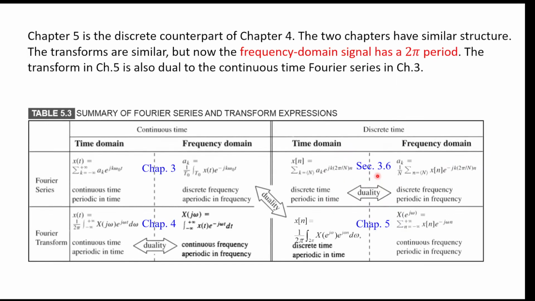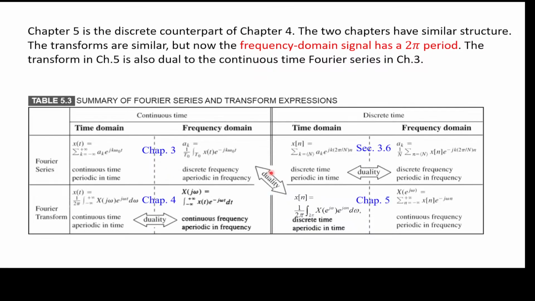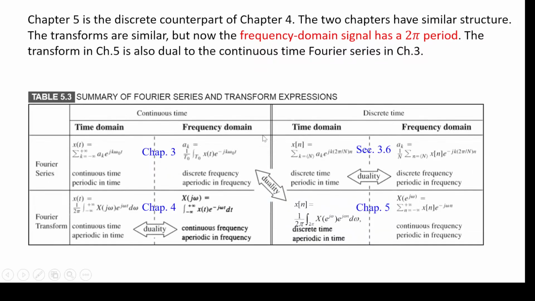Okay, and here is a better comparison of all the Fourier transforms we have. Sorry, this is pretty bad. Let me see if this will be better. Does the HDMI here work better? No. How about this?